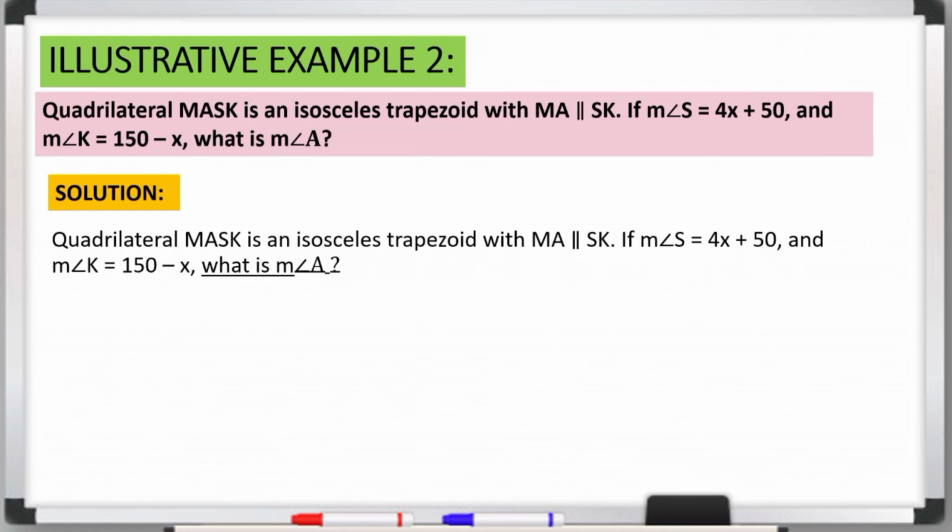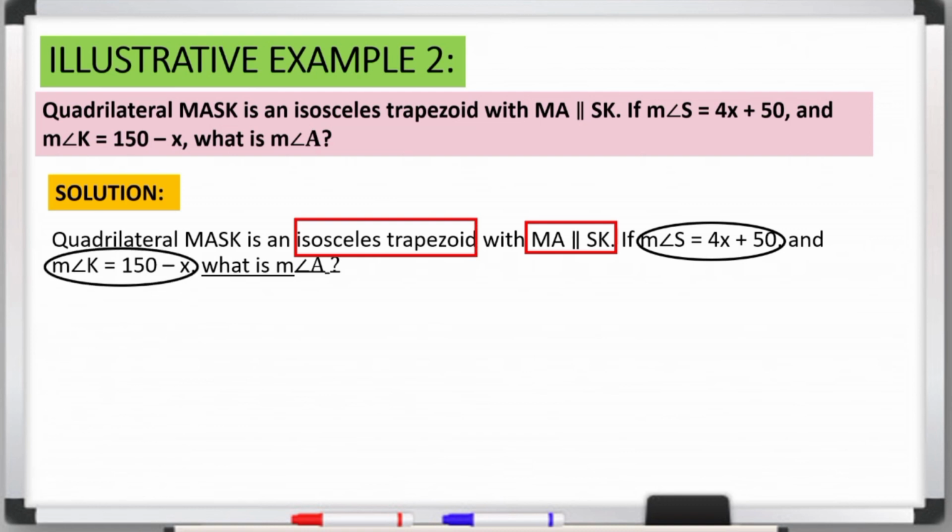We must box all the mathematics keywords, circle all the important numbers, and underline what is asked. What is asked is the measure of angle A. Okay, let us box isosceles trapezoid, MA is parallel to SK, and circle measure angle S equals 4x plus 50 and measure angle K equals 150 minus x.